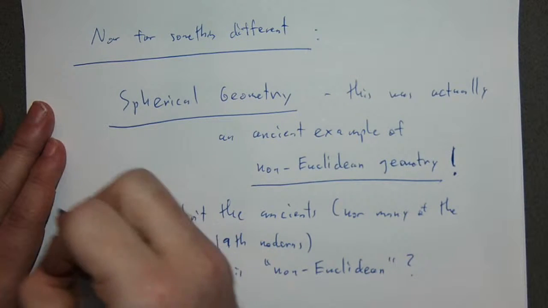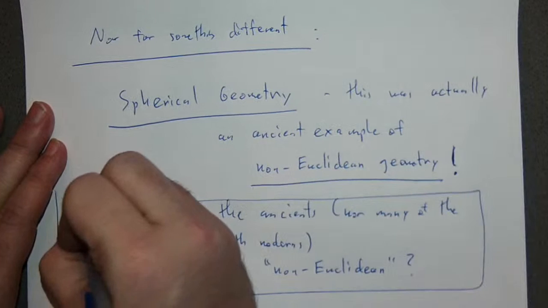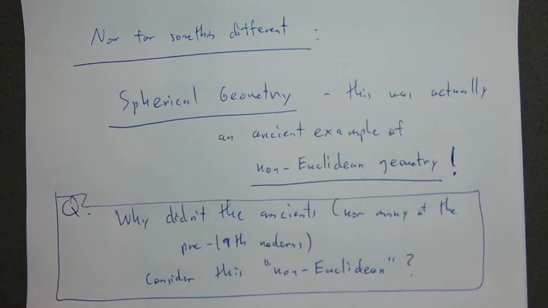So here's the big question. What was the deal? Why didn't they consider this to be a legit example of non-Euclidean geometry? Why is that?